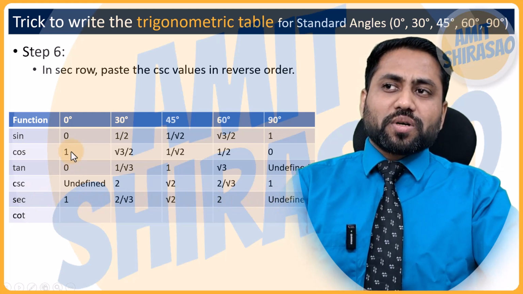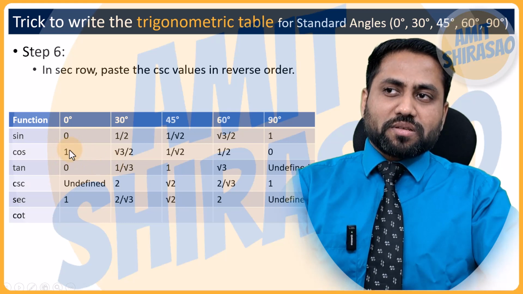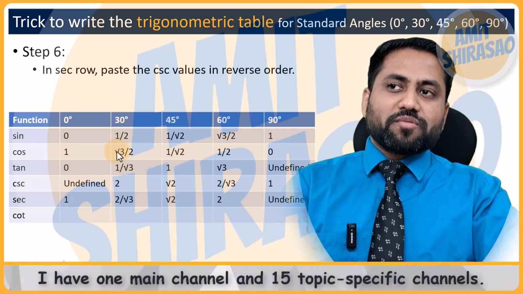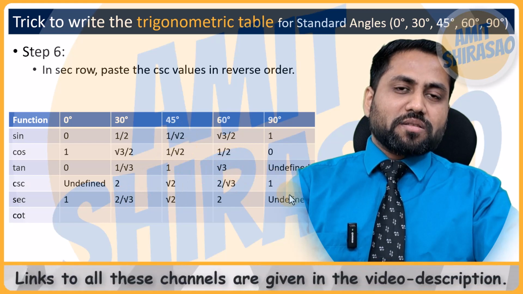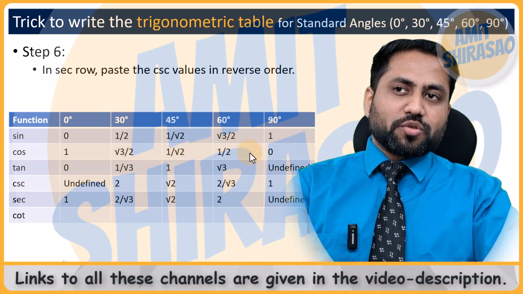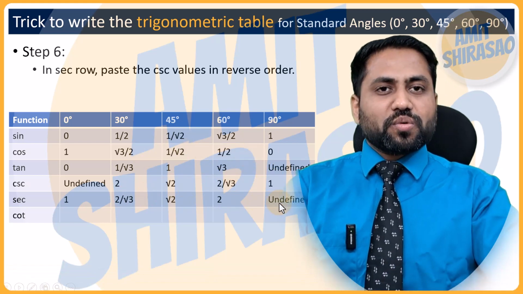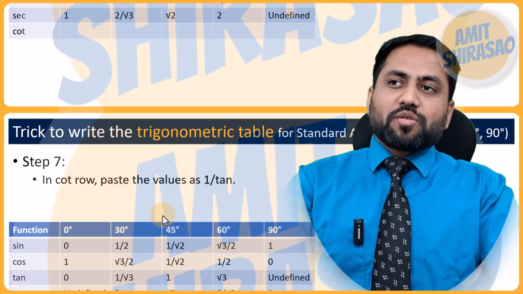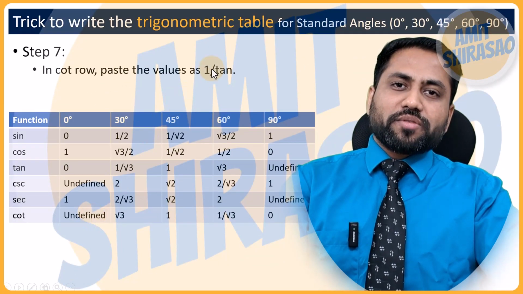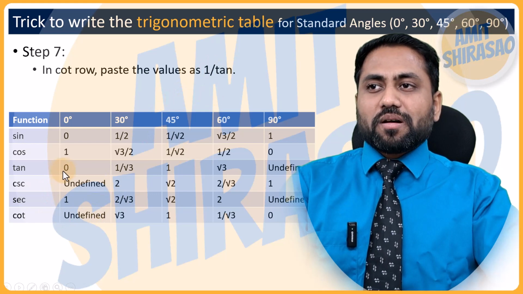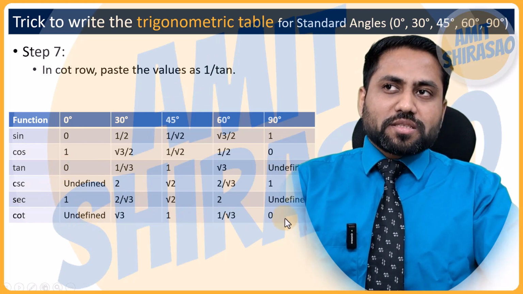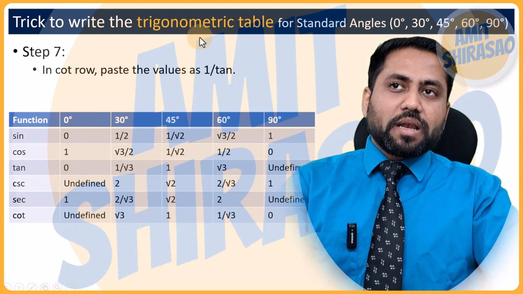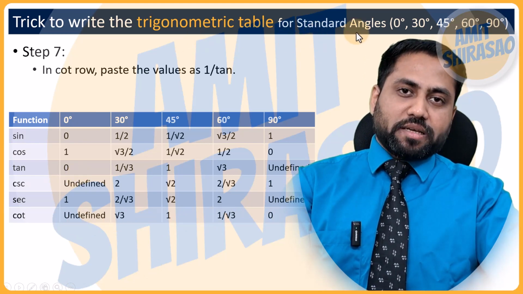Alternatively, sec is also 1 divided by cos, so you can say 1 divided by 1, 1 divided by root 3 by 2. So flipping the ratios over here can also give you sec. And cot, as you know, is 1 divided by tan, so just flip the ratios over here to get this. This is the way you get the trigonometric table for standard angles.